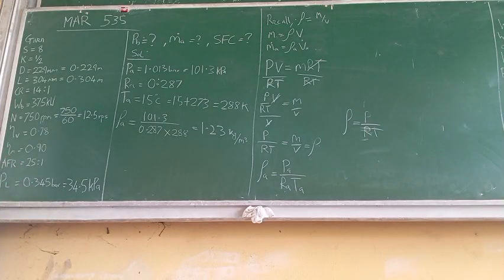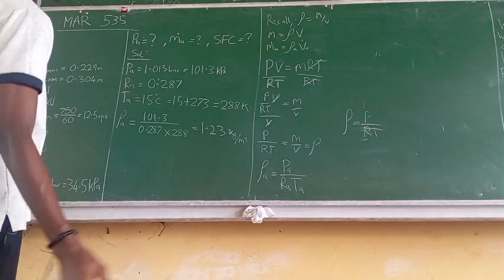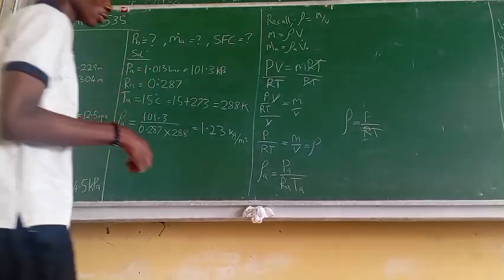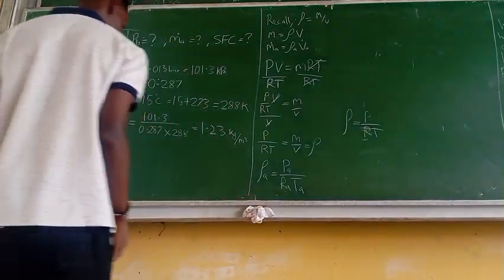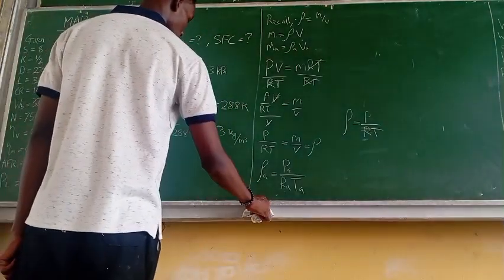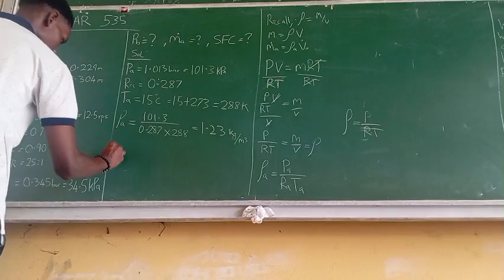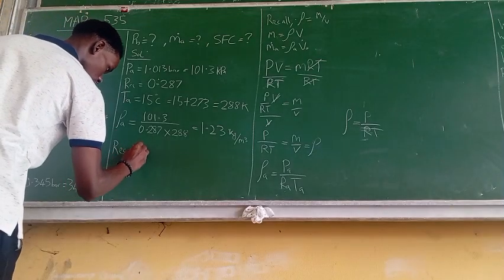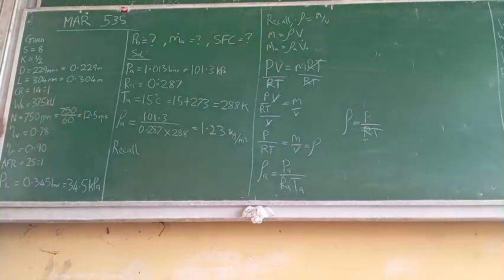So now, we have our density of air, but we do not have our volume of air. Let's restart. To get our volume of air, recall that in the question we've already solved for our swept volume, and we have our volumetric efficiency.